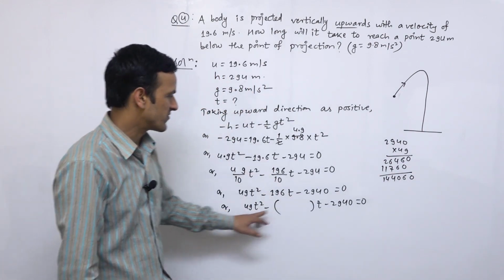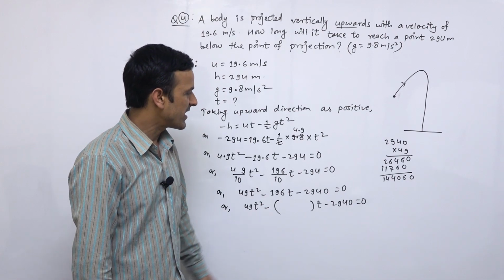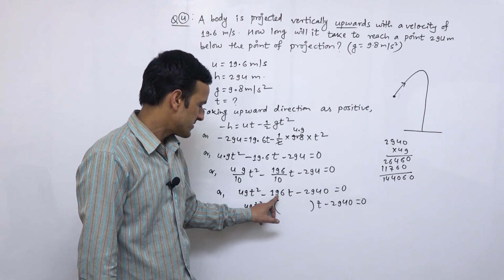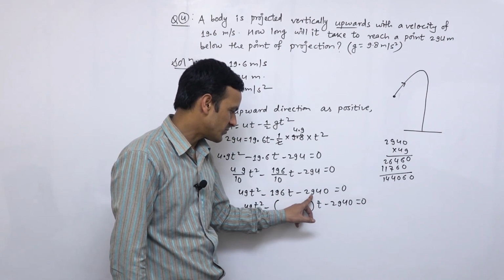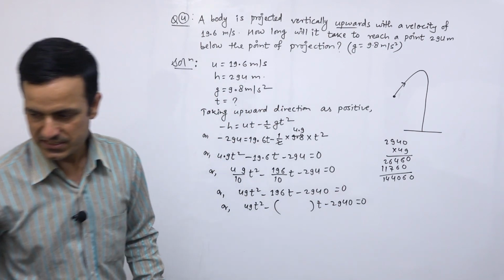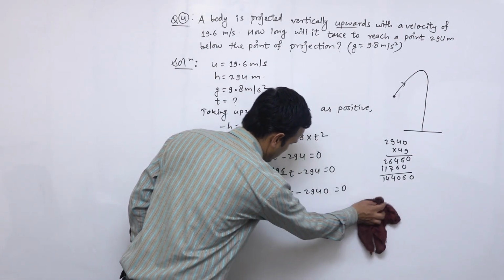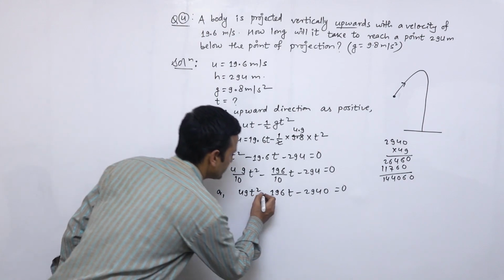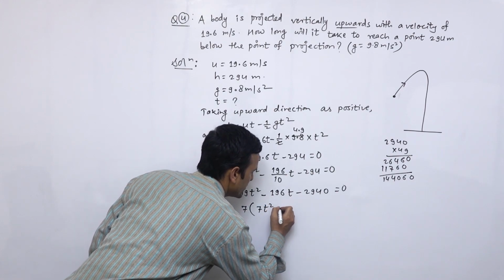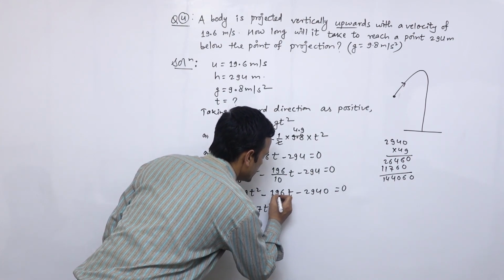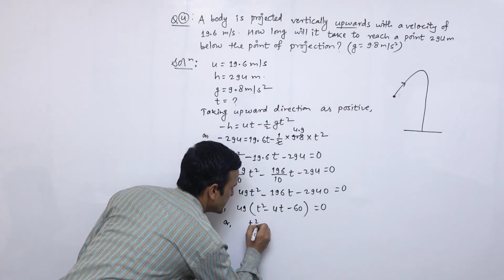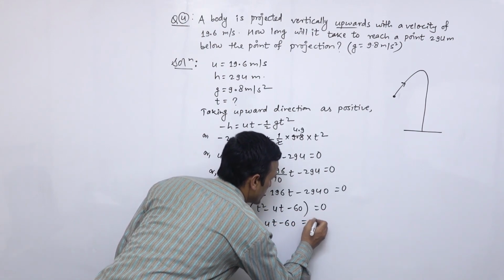So this is the total result of this. So we can write down after factorizing this one. 7 2s are 14, 7 4s are 28, 7 2s are 40. So we can take out 7 common. So if you take common 7, 7 2s are 14, and we can remove this one: t square minus 4t minus 60 is equal to 0.